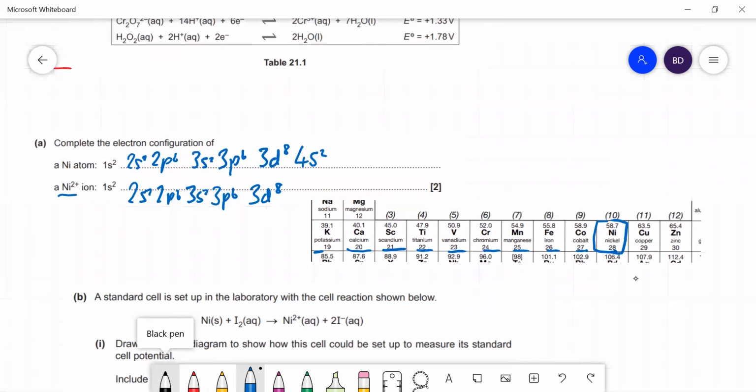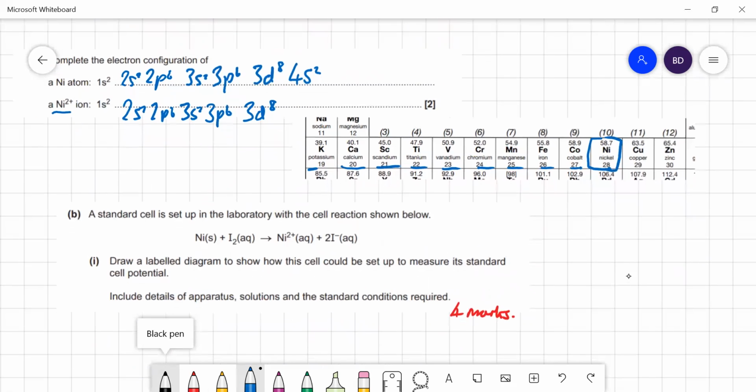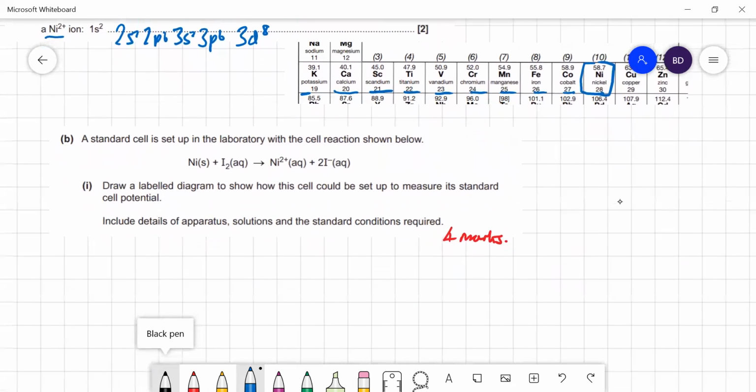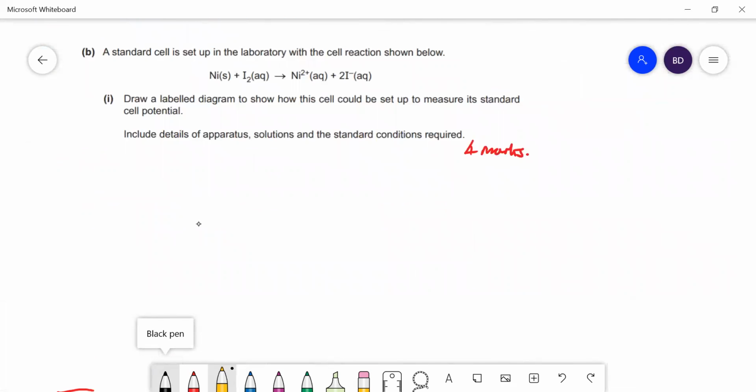Right. A standard cell is set up in the laboratory with the reaction shown below. Draw a labeled diagram to show how this cell could be set up to measure its standard electrode potential. Okay, so include details of solutions and the standard conditions required. Okay, so what we're going to have there is, right.